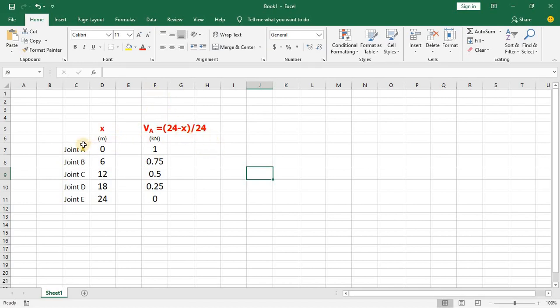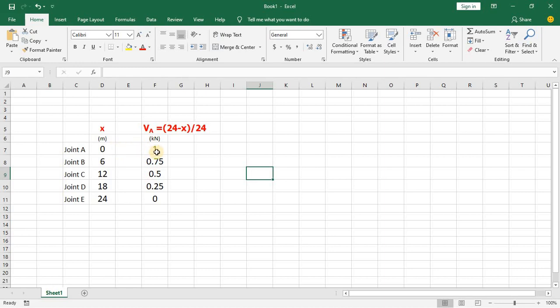You can see joint A, joint B, joint C, joint D, and joint E, where we have put the 1 unit load at all these joints. This is the x distance, where at A, x is equal to 0. At every joint, the interval distance is constant, which is equal to 6 meters.